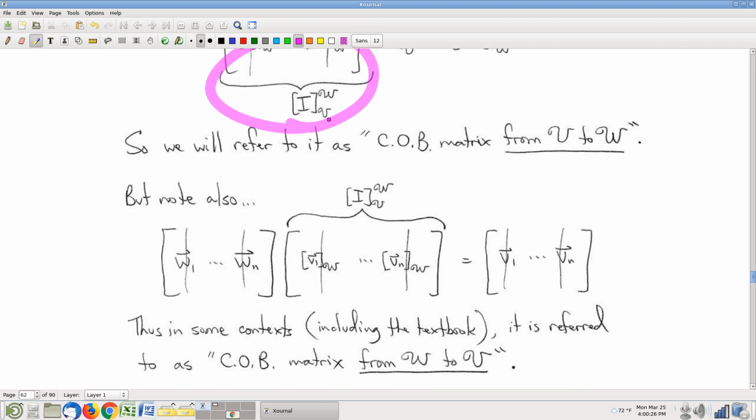This matrix that converts from V coordinates to W coordinates also does a different thing.